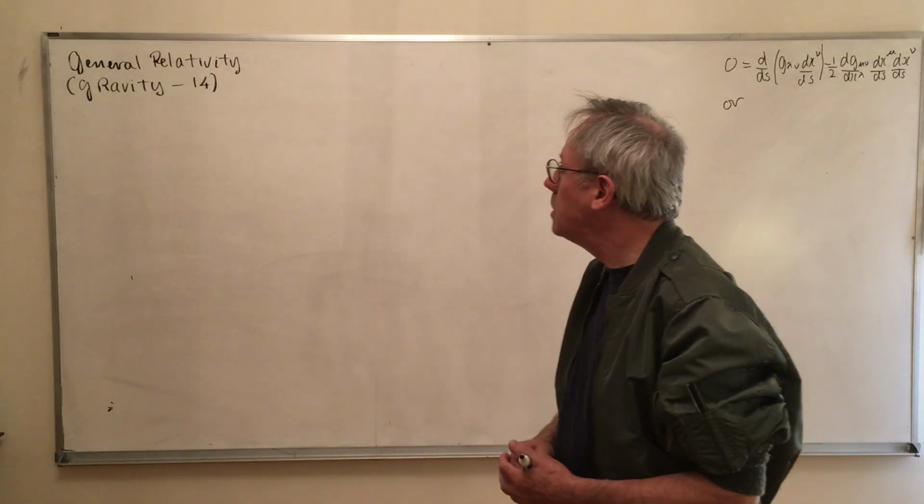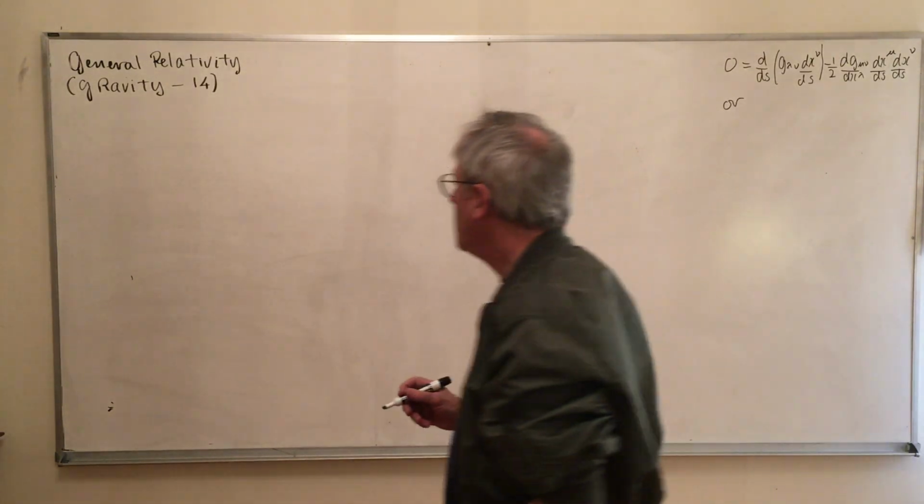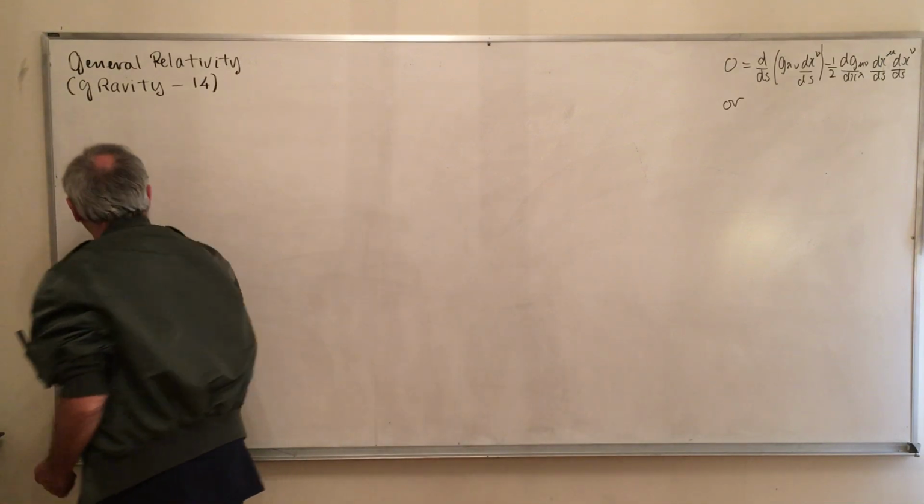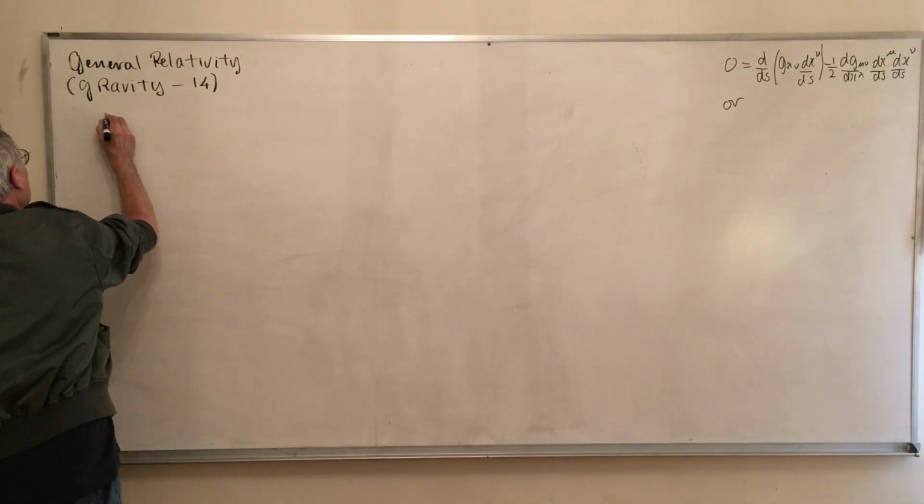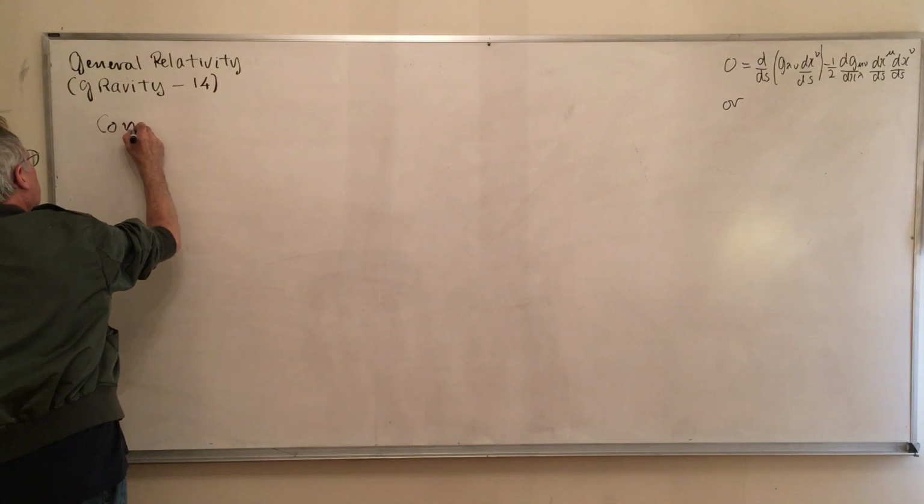Anyway, we're talking about general relativity, and the last time we talked about contravariant and covariant components of a vector.